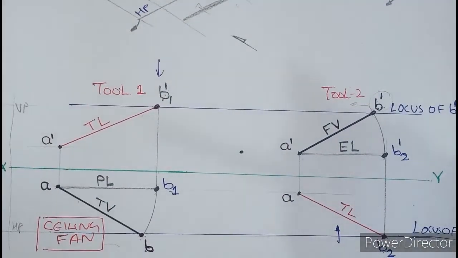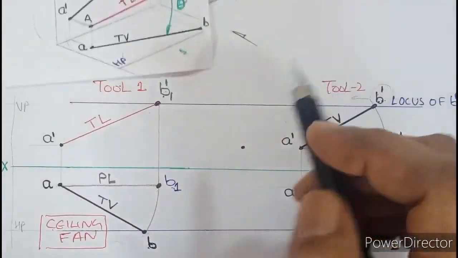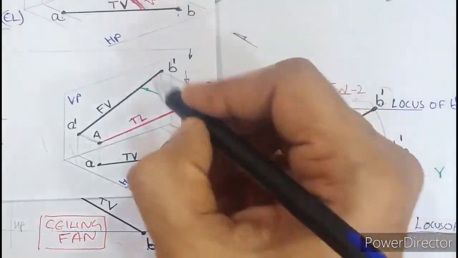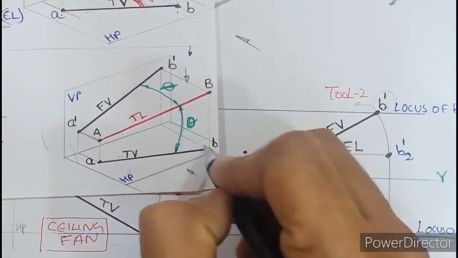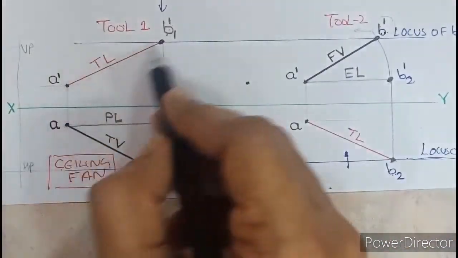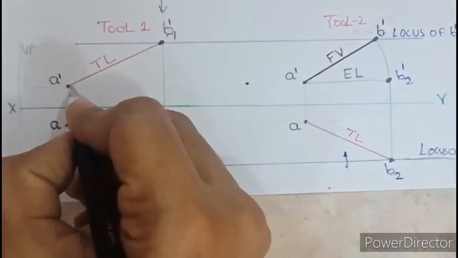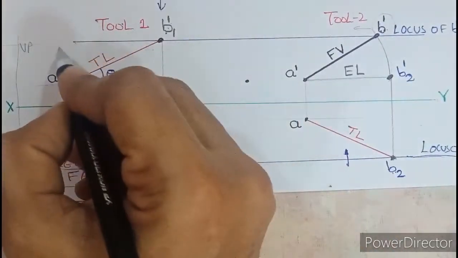Coming to the last part of it, we know that there are 4 angles. Which are those? So what was theta? Theta is the angle made by true length with HP and you can see it from the front. So this true length is called as theta with horizontal or HP, because we know that this is VP, right?